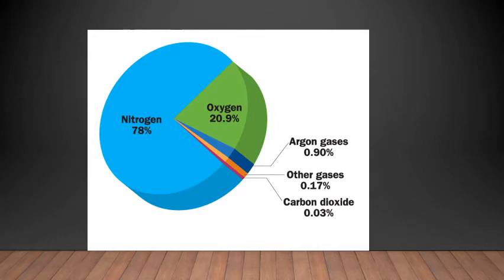Then water vapor, noble gases and dust particles make up the rest. Mixture means it is made up of different things. So air is considered a mixture of different gases like nitrogen, oxygen, carbon dioxide, noble gases, water vapor, and dust particles.